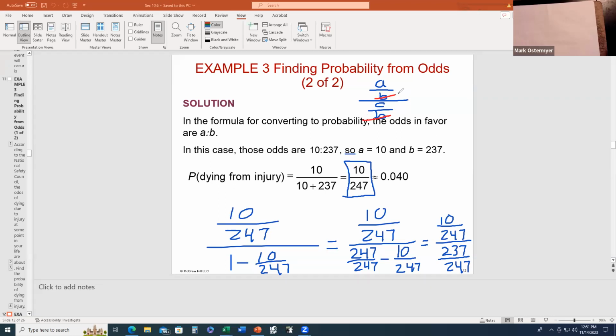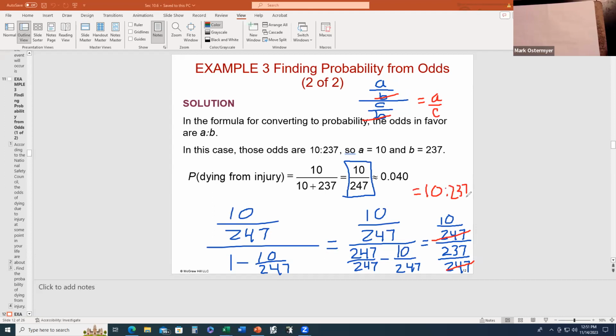The B's drop out, and you're left with A over C. That's a little shortcut for simplifying a fraction over a fraction where the denominators are the same. So 10 over 247 over 237 over 247, the 247s drop out, and we're left with our odds of 10 to 237.